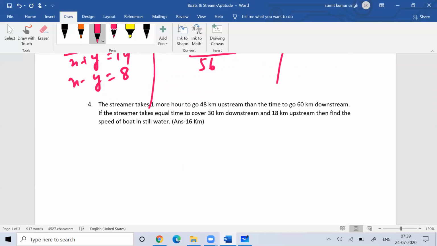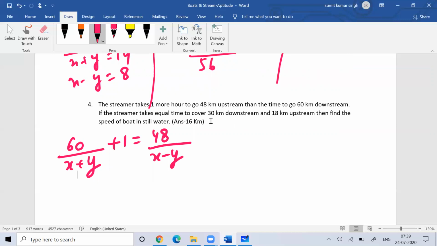Now, the steamer takes 1 hour more to go 48 kilometer upstream than the time to go 60 kilometer downstream. So the time for 60 kilometer downstream plus 1 is equal to the time for 48 kilometer upstream.